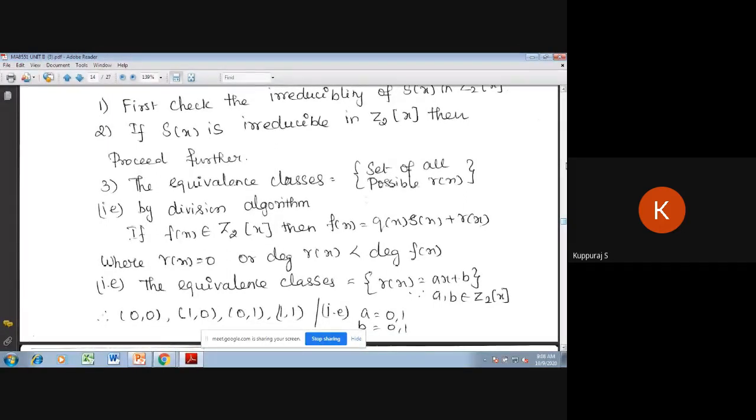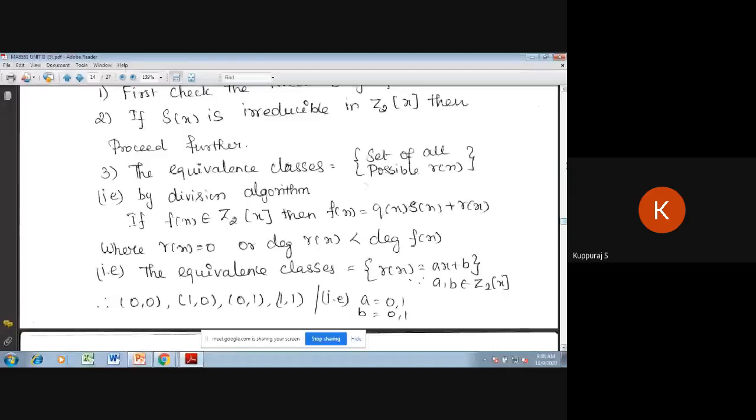Then by the division algorithm, f(x) belonging to Z2[x], when divided by s(x), gives the quotient q(x) and remainder r(x). So it can be written as f(x) equals q(x) times s(x) plus r(x), where the remainder is 0 or the degree of the remainder is less than the degree of s(x).